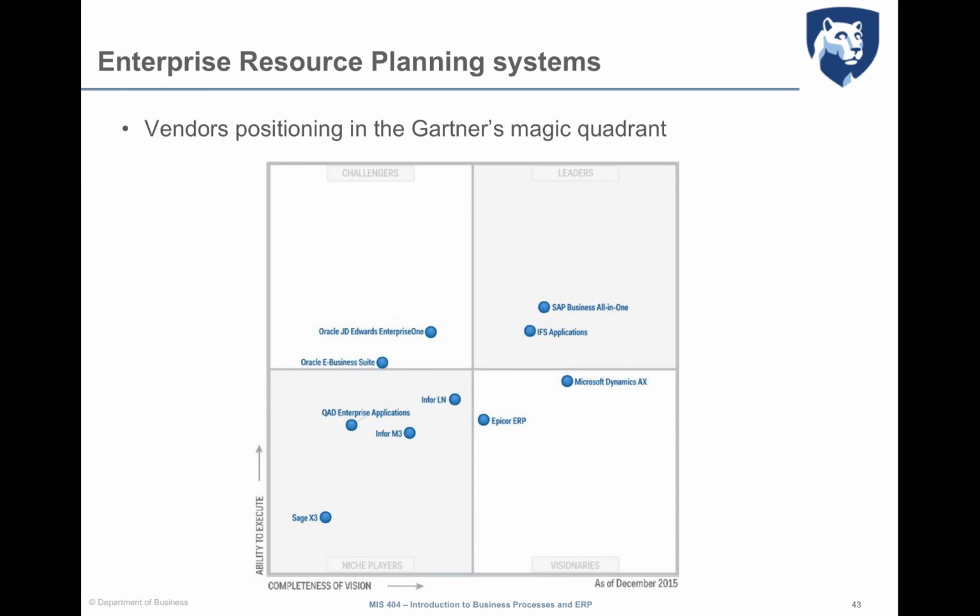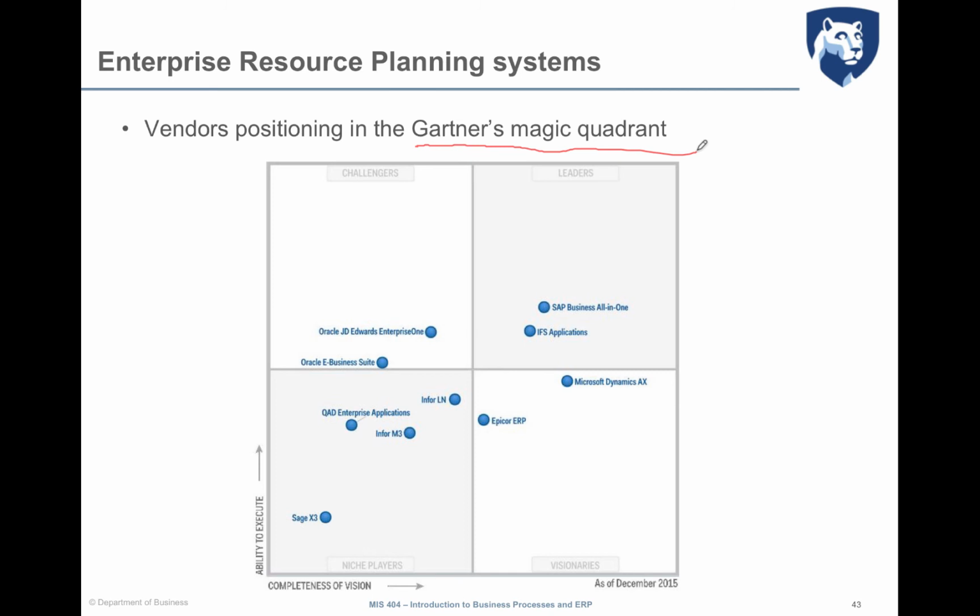Before concluding, I would just like to give you some details about the market of enterprise resource planning systems. One of the most diffused models or frameworks or tools to map ERP vendors is what we call the Gartner Magic Quadrant, which is this matrix. Gartner is a famous IT consultancy organization, famous for many benchmarks and tools for analyzing markets.